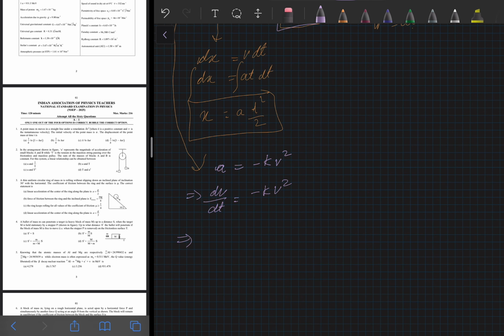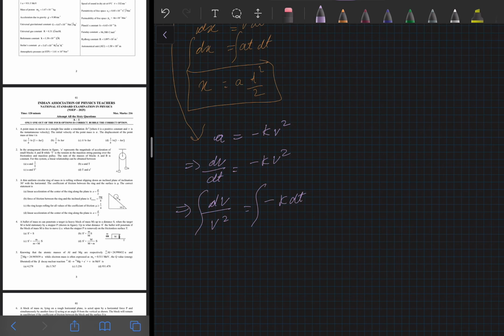Again, this is a variable separable differential equation, so we'll separate the variables. We'll bring all the v's to the left hand side, so we have dv by v square, and we'll take the dt to the right hand side along with the constant k. Now we are going to integrate this.